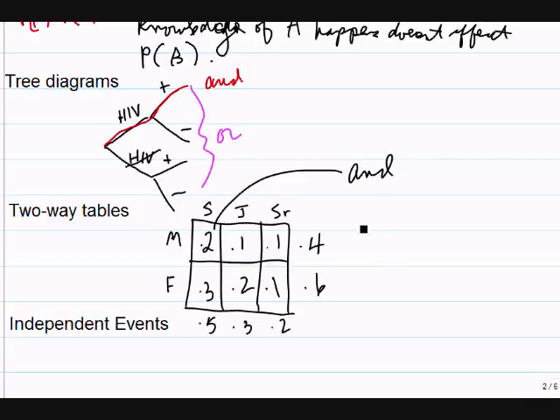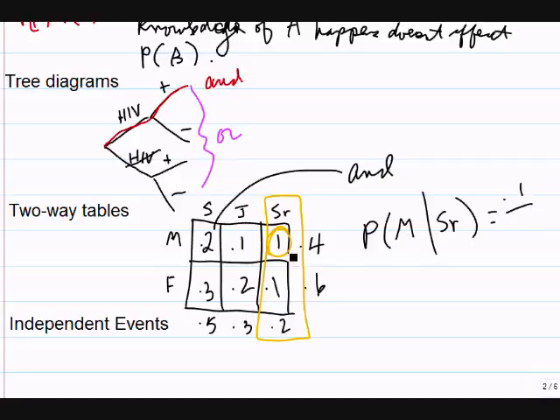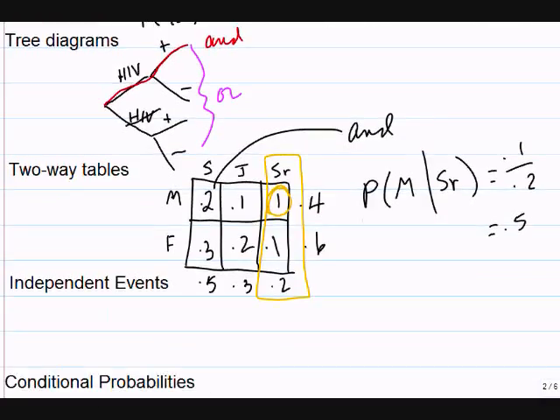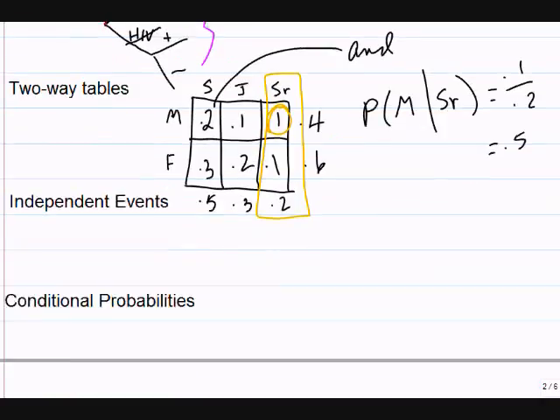If I want conditionals, if I want the probability that you're a male given that you're a senior, I only talk about the seniors, because my given says seniors, and a male that's a senior is 10% out of the total seniors, 20%. Okay.